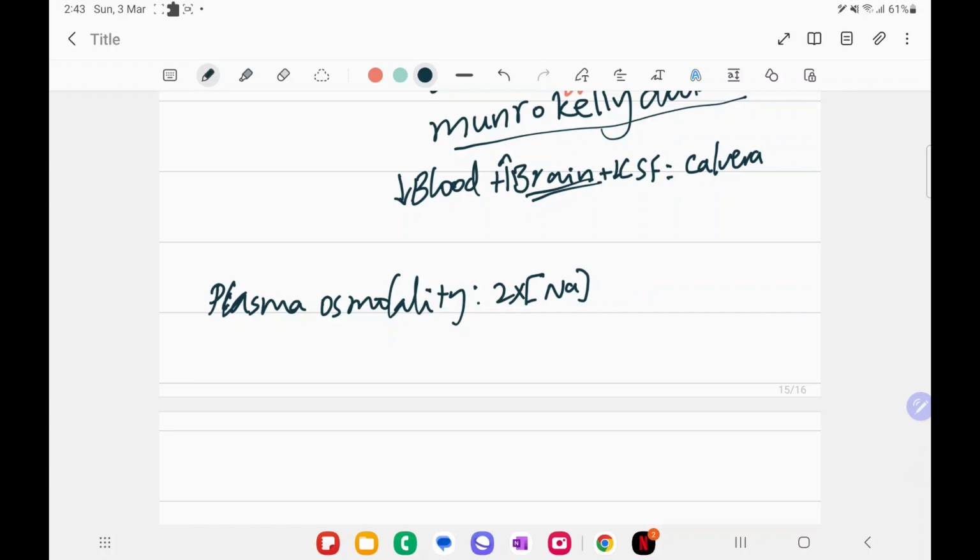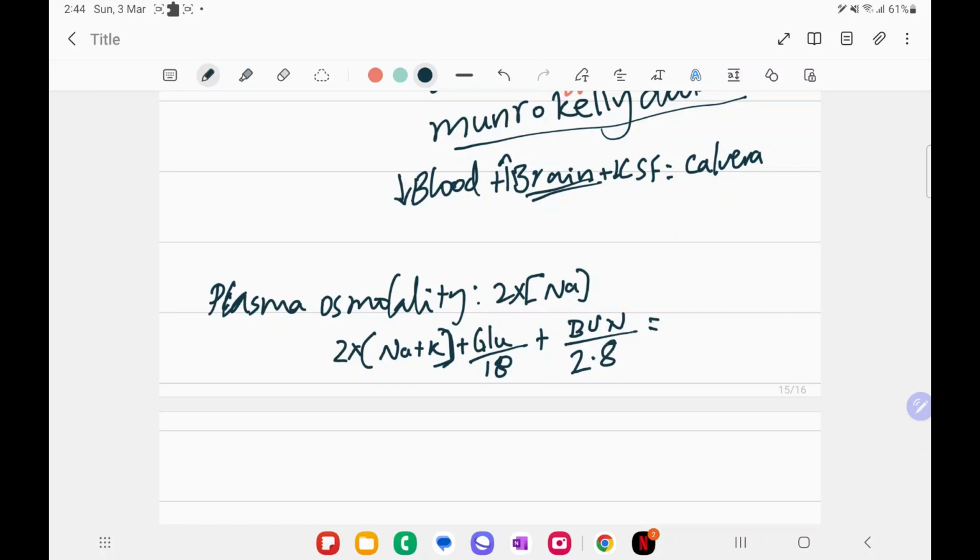So what's a better formula? You take 2 times the sodium and potassium concentration, plus glucose in milligrams per deciliter divided by 18, plus blood urea nitrogen, the urea level, divided by 2.8.